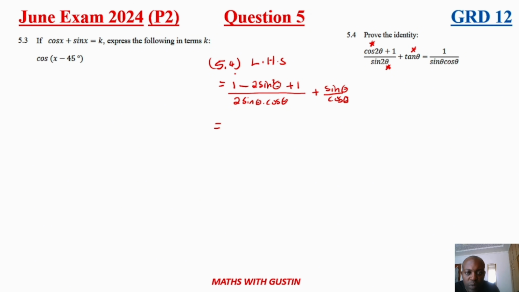So with that said, let's add them up here. 1 plus 1 is going to give us 2 minus 2 sine squared theta, all over 2 sine theta cos theta, plus sine theta all over cos theta.